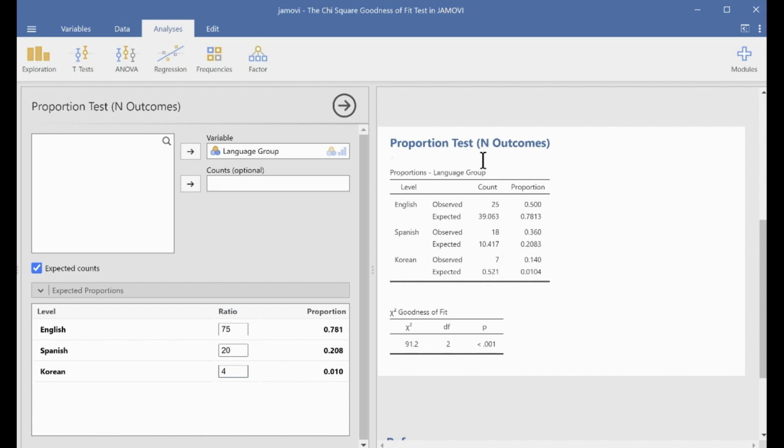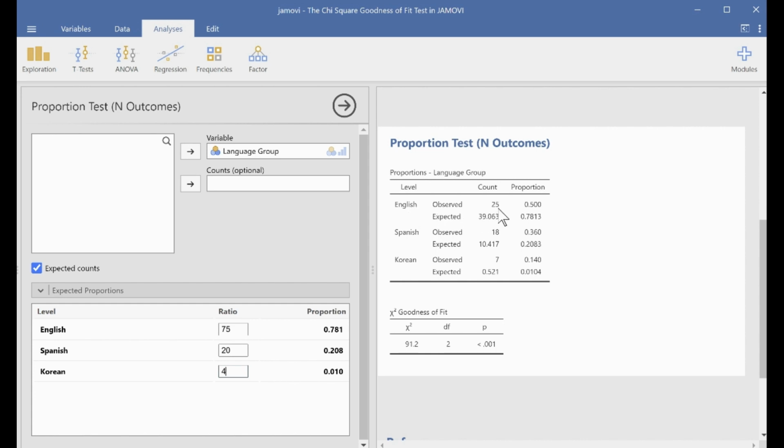If I go back to my proportion test, what am I comparing? I'm comparing the observed count to the proportional count. Now, if 75% of the students at the university are English speakers, I would expect that 39 students would be coming to the writing center. 39 English speaking students coming to the writing center.